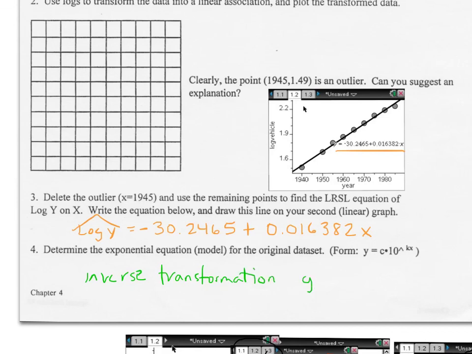That gives a predicted value of y equal to 10 to the power of negative 30.2406, times 10 to the 0.0164x.